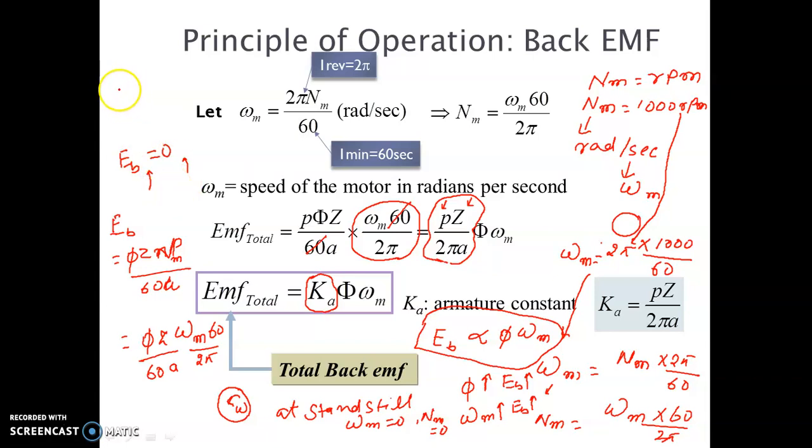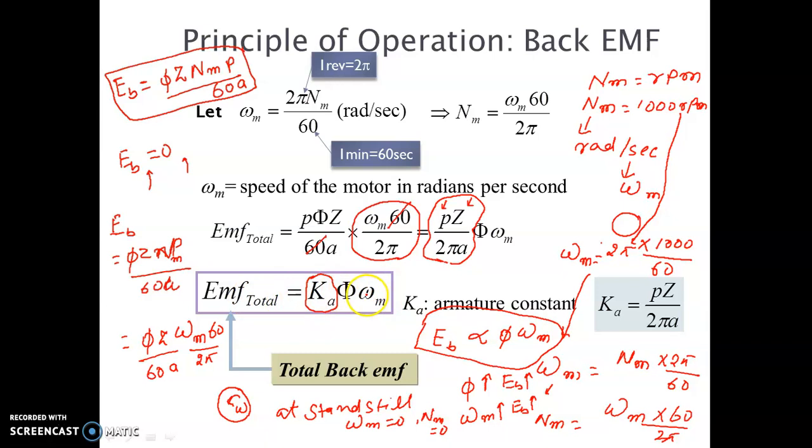Let me recall what I have. EB is the total back EMF, the induced EMF in the armature winding, which is phi Z Nm P by 60A. This is the relation that was already derived, and another relation in terms of speed in radian per second is also given here.